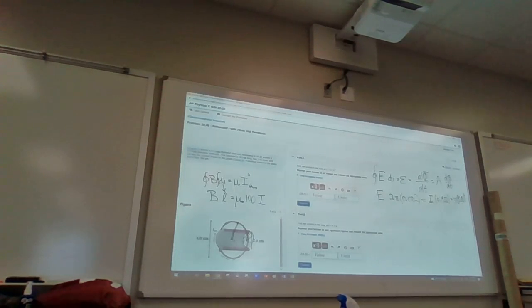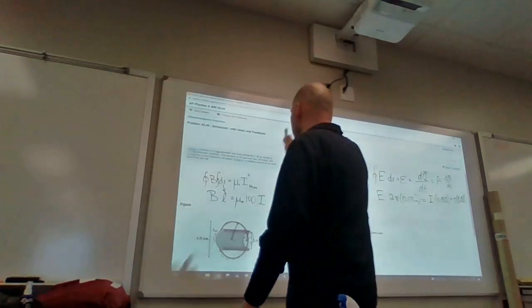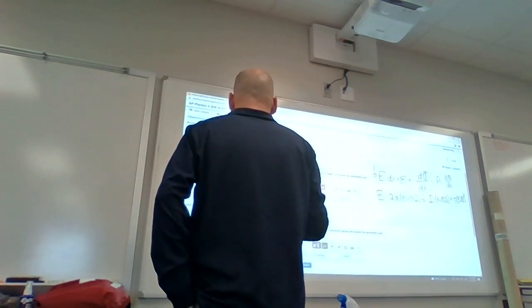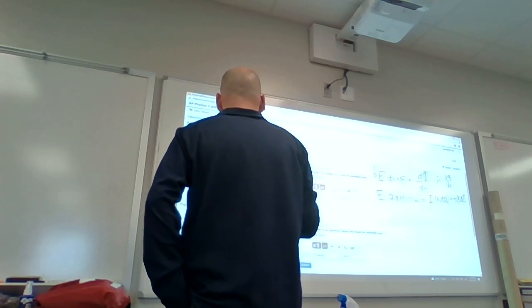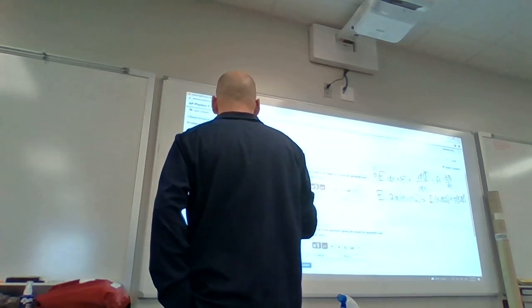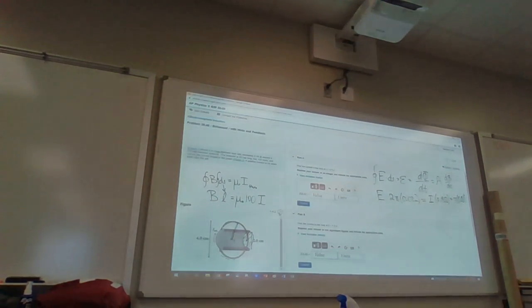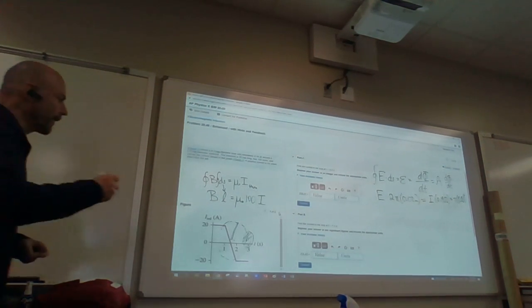Okay, good. Circles define my theory. And then the rate of change. What are we changing here? Current is clock. Oh, that's what Figure 2 is. Thank you. So you find the slope of this.